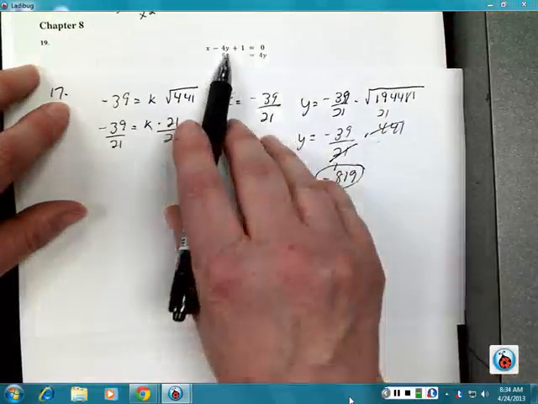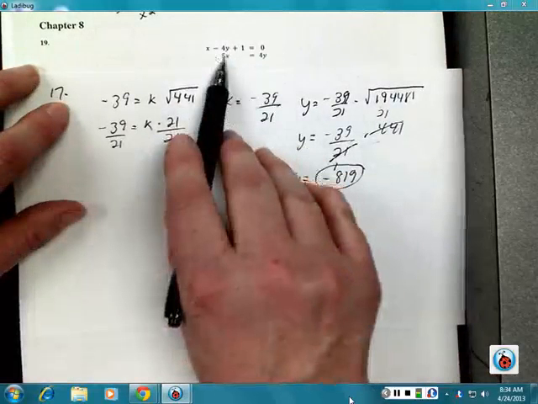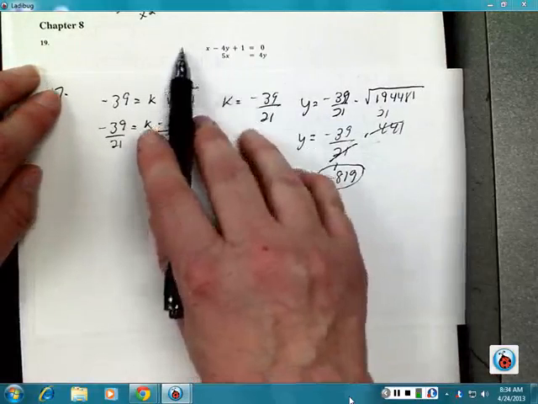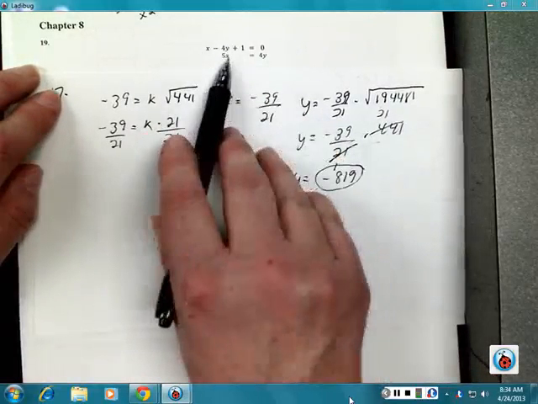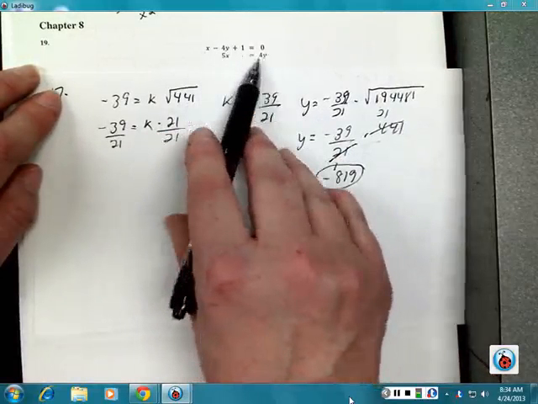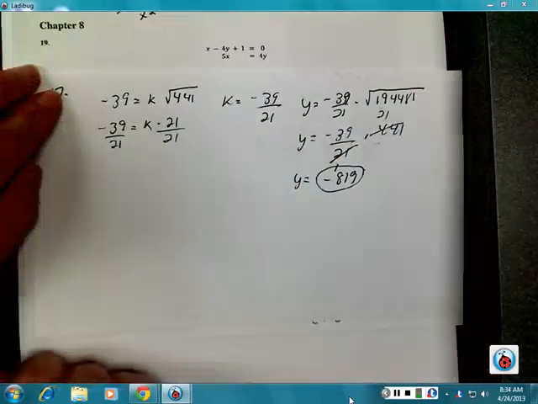Whether you got x by itself or whether you get y by itself, substitute it back in for the other number, go through, solve for y, if you solve for x, and then come back and plug that y back into y here and solve and figure out what your x would end up equaling.